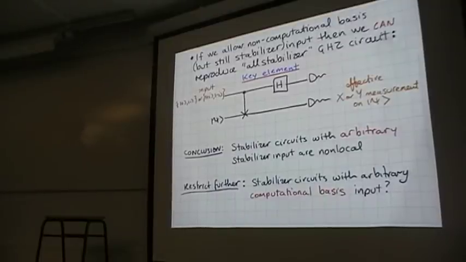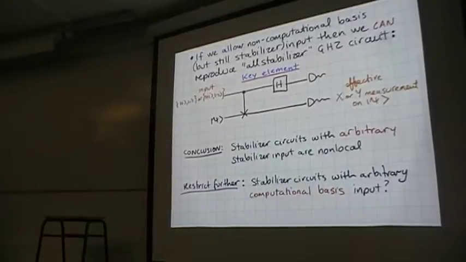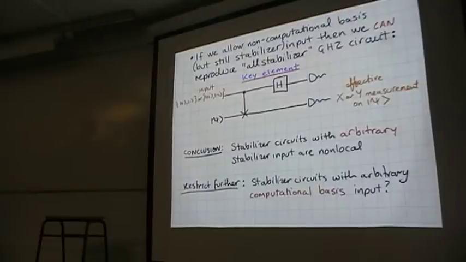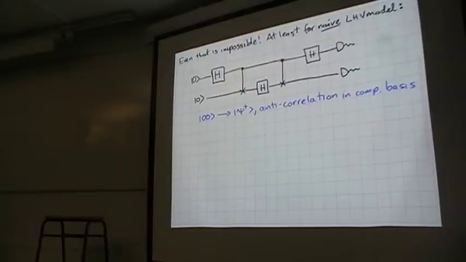Okay, so you can't choose, like I'm doing in this circuit, between, say, plus i or minus i and so on; you really have to fix a computational basis input. So really pure circuit quantum computing. Okay. So now, at least for a naive local hidden variable model, even that's impossible.